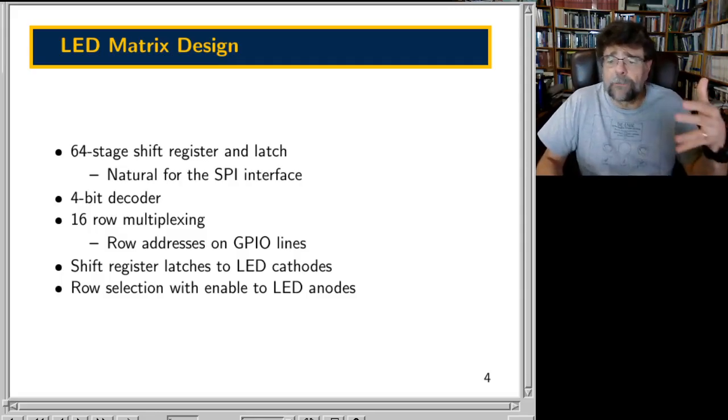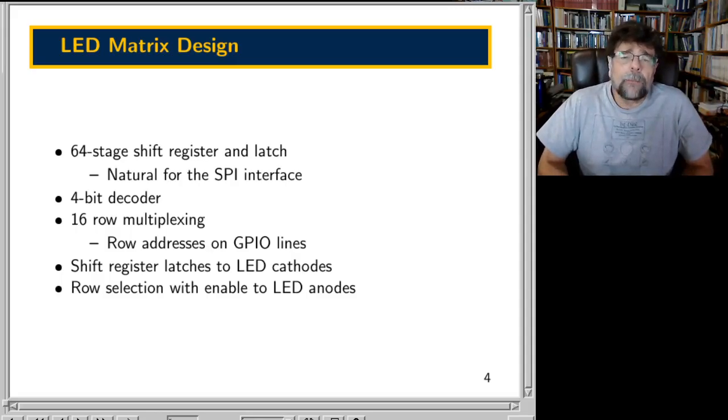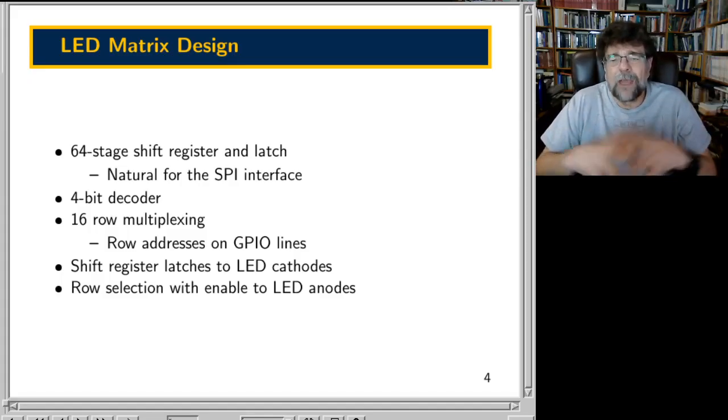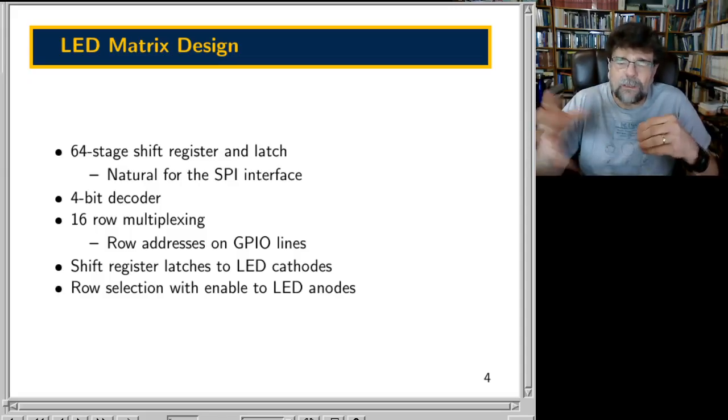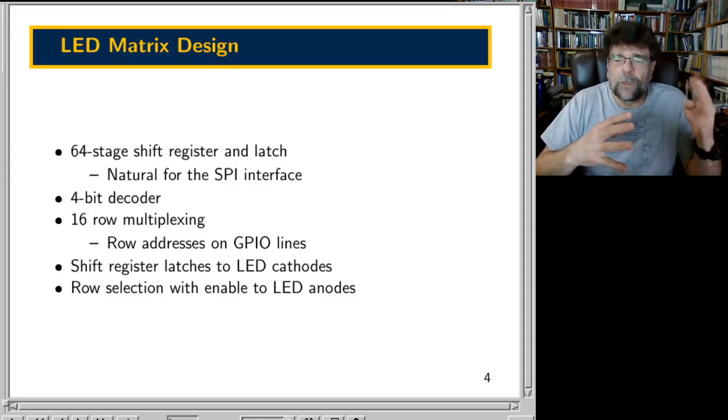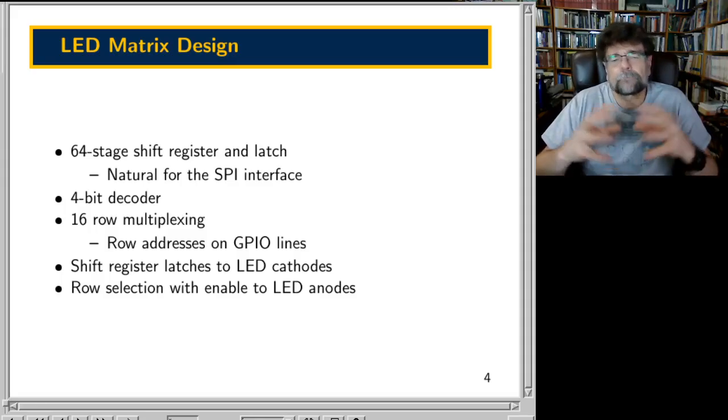To select which of the rows we're looking at, we have a 4-bit decoder. The particular board I'm using, this is implemented actually as two 3-bit decoders with a 4th bit selecting which of the two decoders is active. But the effect is we have 4 input lines and 16 that represent the output of the unique states of the 4 bits.